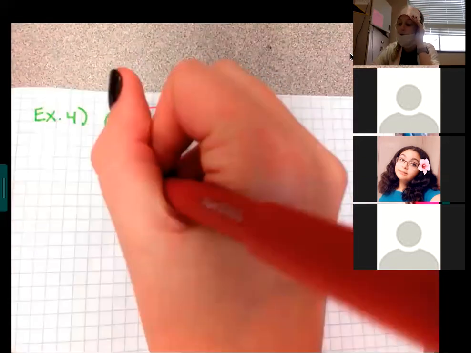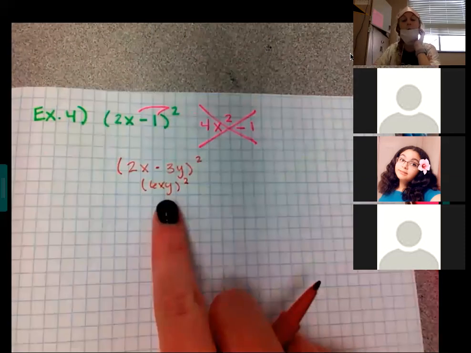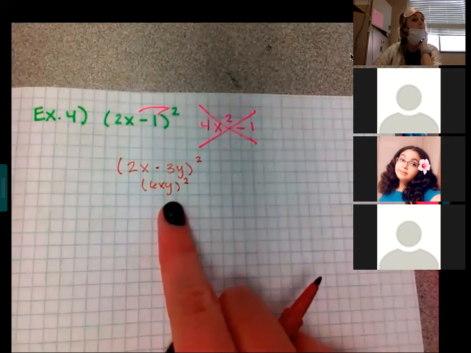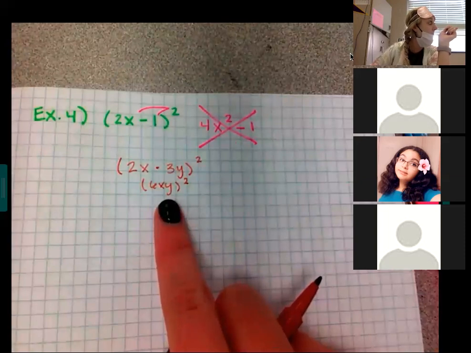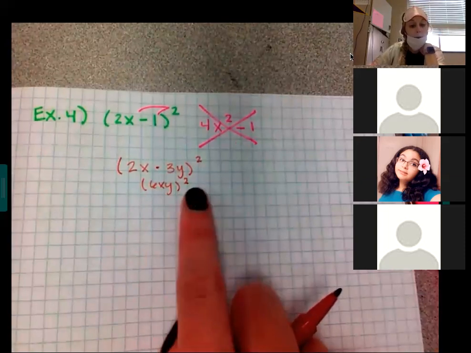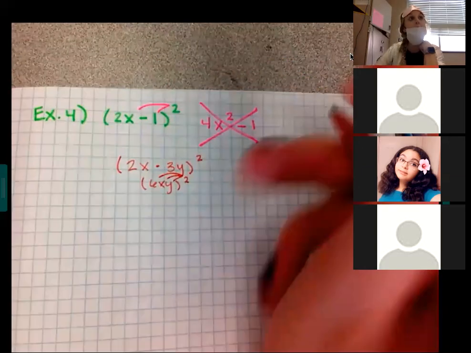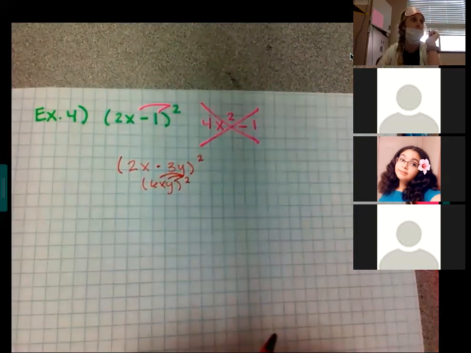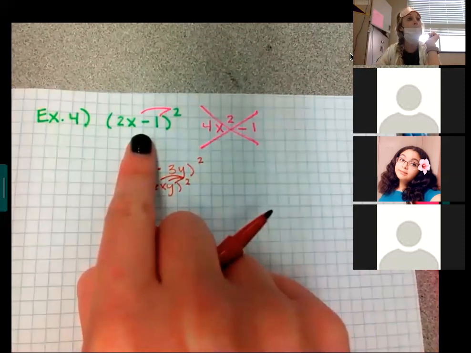You can. So this would be 6xy to the second, right? How many terms is that? 1, because it's 3 things pushed together. If you have a monomial raised to an exponent, you can bring the 2 into everything because it's 1 term. Is this 1 term? It's 2 terms. Good.